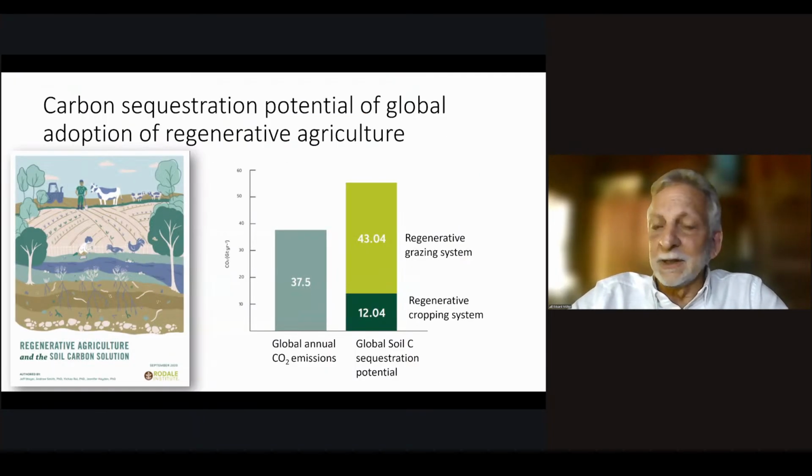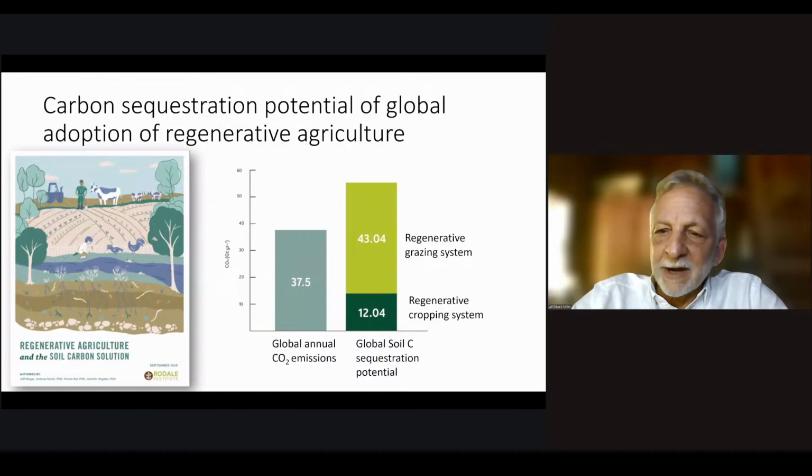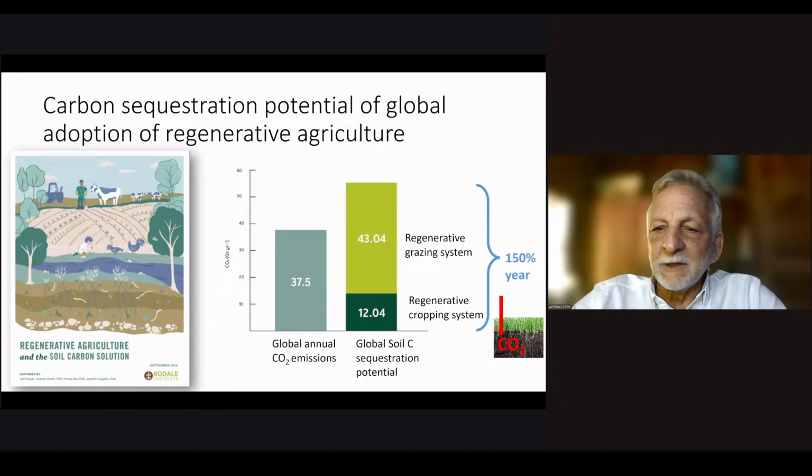According to the Rodale Institute, if we would change our grazing systems to holistic, we could be capturing more carbon per year than what's released by the global economy. If we add regenerative agriculture, we could be fixing 150% of the carbon that's in the atmosphere, putting it beneath our feet. This is where the solution is. If we get resources to expand this globally, we can be at less than 400 parts per million in 10 years.